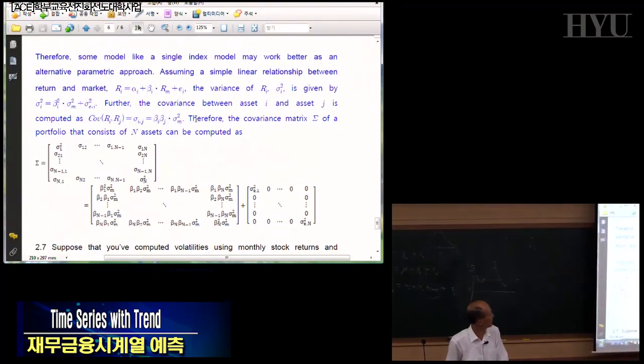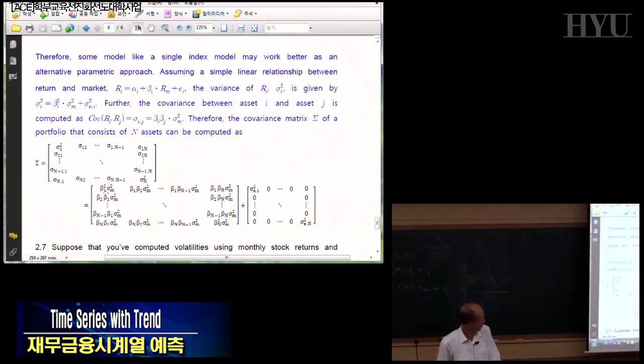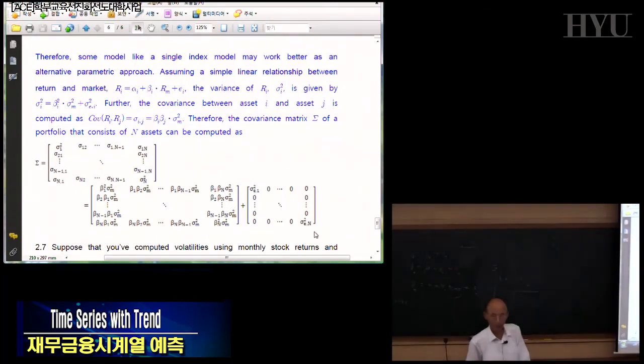All you need is, this main diagonal is computed from this formula. So, for instance, first one, this plus that. Second one, this plus that. So along the main diagonal, you have this and this term.